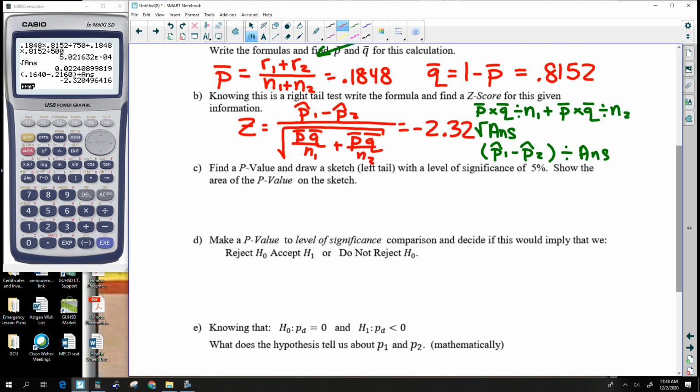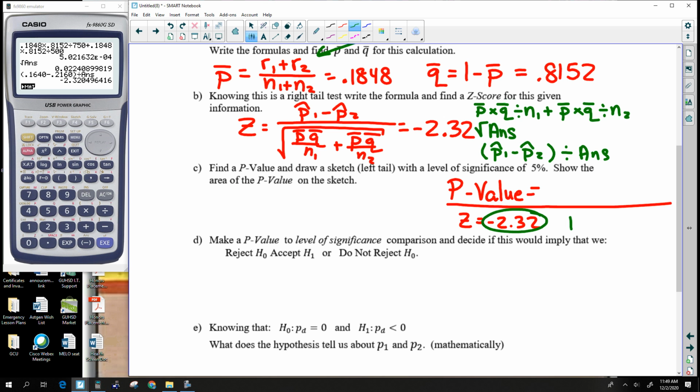All right, I move on to the next problem that requires a p-value and a sketch. My p-value is built upon the answers that I just got, and this is a z of negative 2.32. So I'm obviously looking this up on the z table. Now, always look this number up as a negative. Always as a negative.